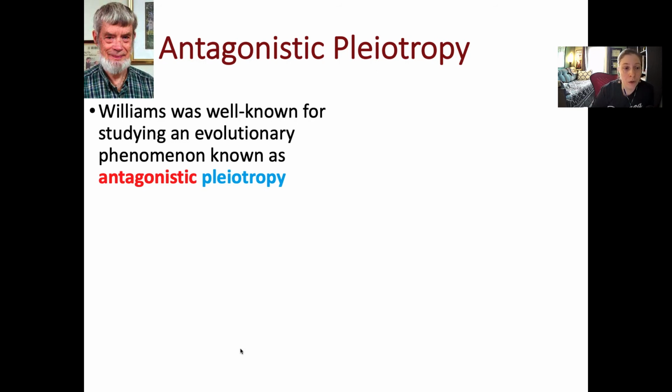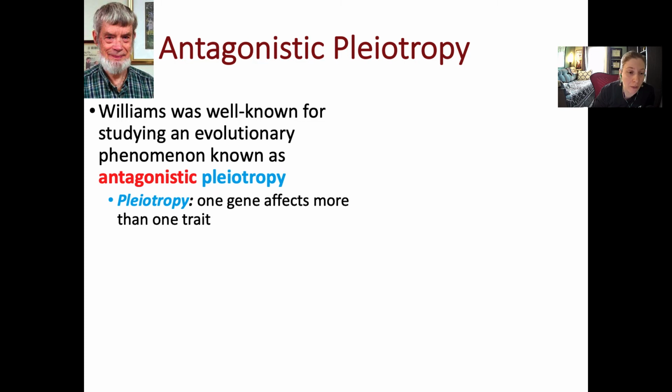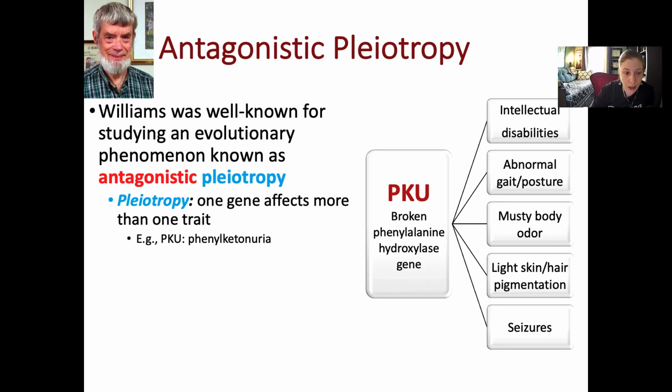So Williams was really well known for studying an evolutionary phenomenon known as antagonistic pleiotropy. And those are two kind of obnoxious words, but they actually mean a very simple thing. And so pleiotropy means that you have one gene that affects more than one trait. And so as an example, there's a disease called phenylketonuria, or PKU. And PKU is a mutation in a single gene.